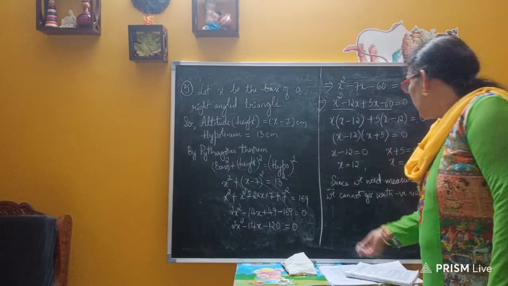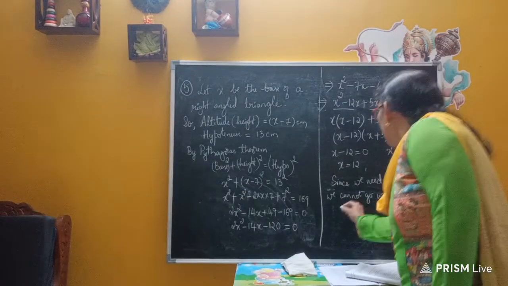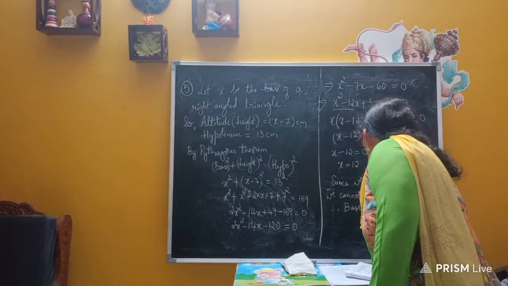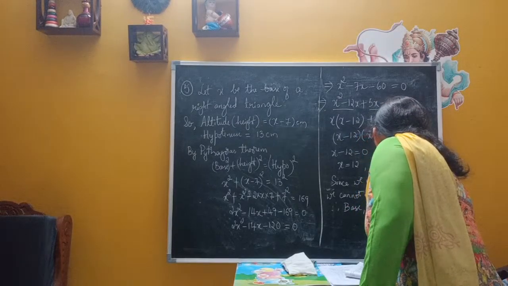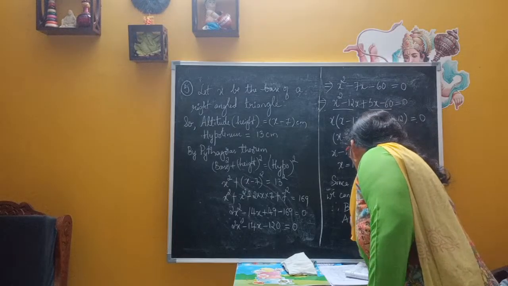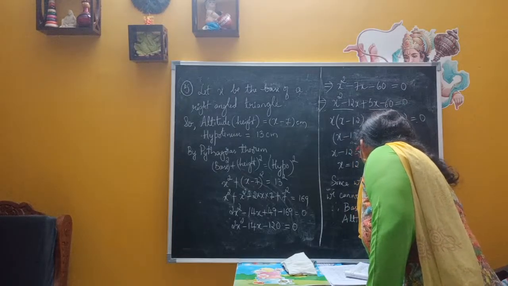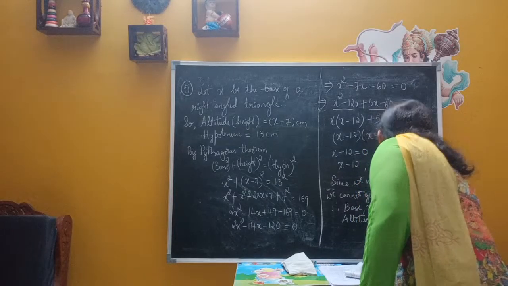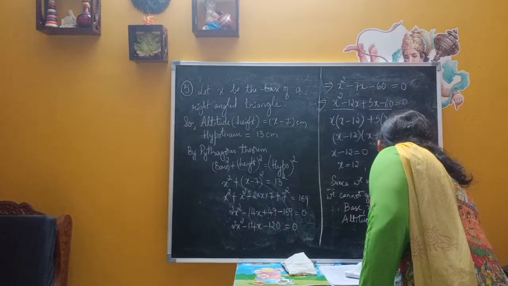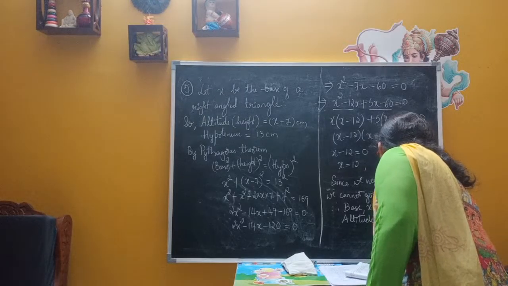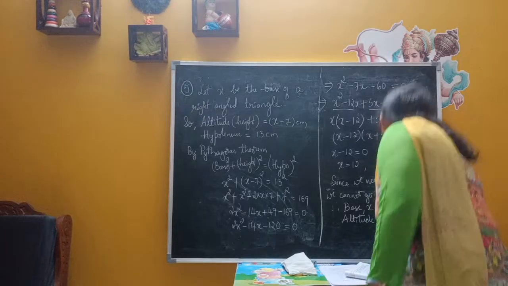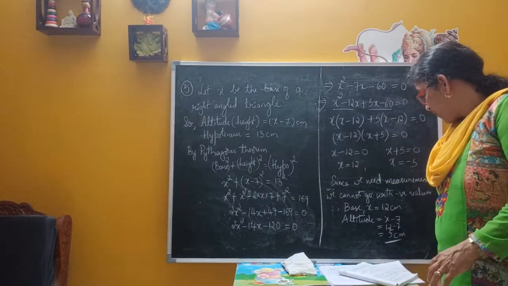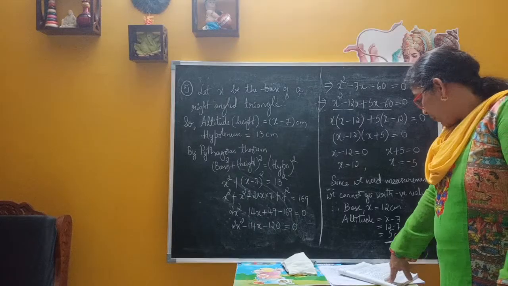Therefore, let us take the value x as 12. Therefore, the base, that is the x value, is 12 centimeter and the altitude, that is x minus 7, is 12 minus 7, how much? 5 centimeter. Okay, 5 centimeter. So this is the solution for which sum? Fifth sum.